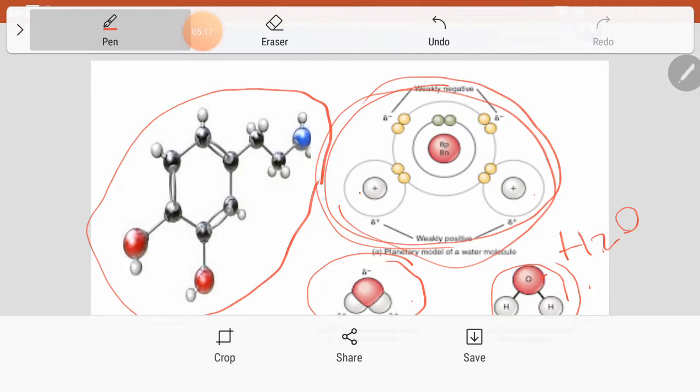Some molecules are small, made of two or few atoms. Some molecules are made of a big number of atoms, such as some organic molecules that make proteins or nucleic acids.